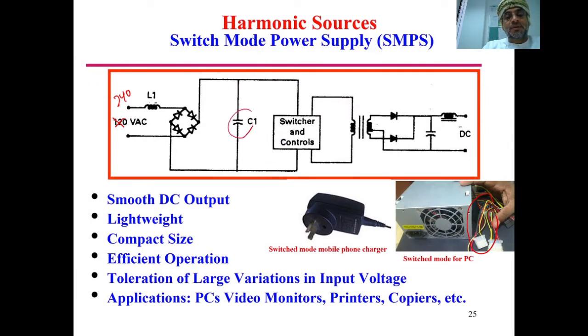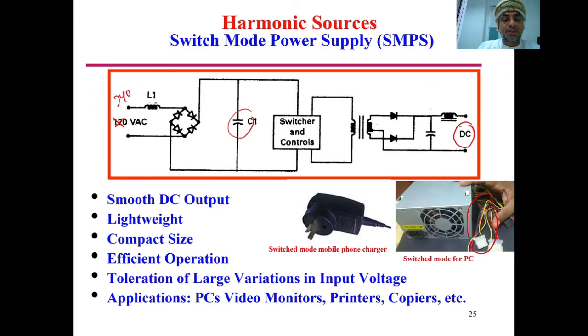Then you have a capacitor bank just to smooth the DC voltage. Then you have another controller that will provide again a controlled AC voltage. Then you use a very small transformer that has very high efficiency. Then a rectifier again to provide the required DC to your PC. So we have a smooth DC output.